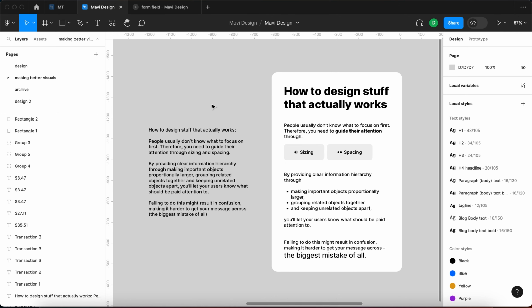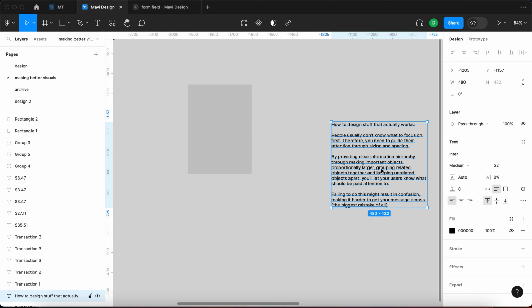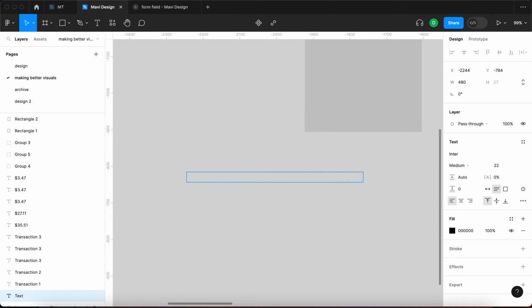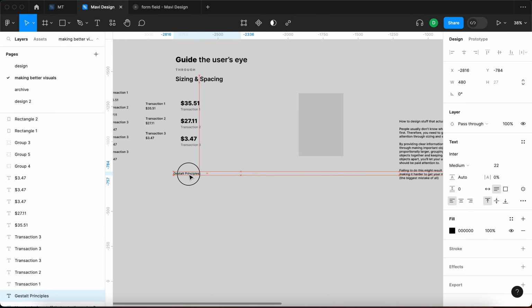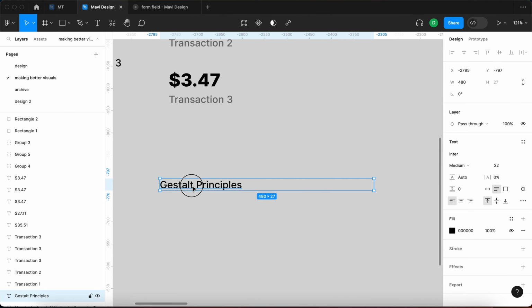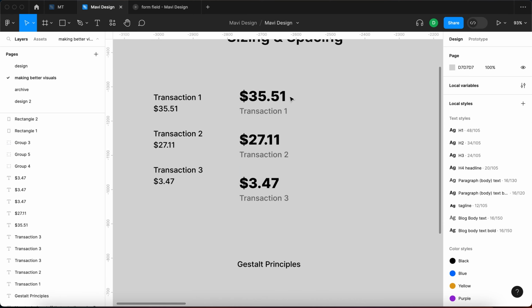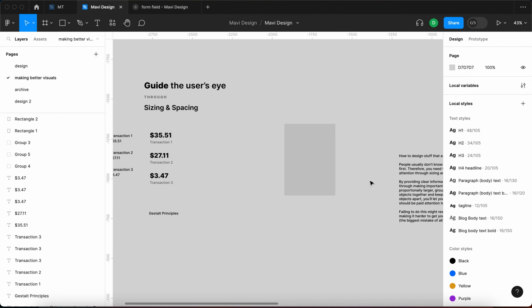So for those of you who really want to dive deep into this design theory, I recommend you take a look at the Gestalt principles. This is a set of principles in not only web design, but in just perception, in human perception in general, where, for example, you have a rule that items that are closer together are perceived as more related as opposed to those that are further apart, which is essentially the spacing system.